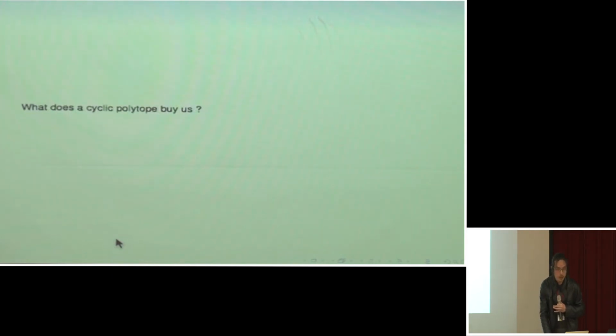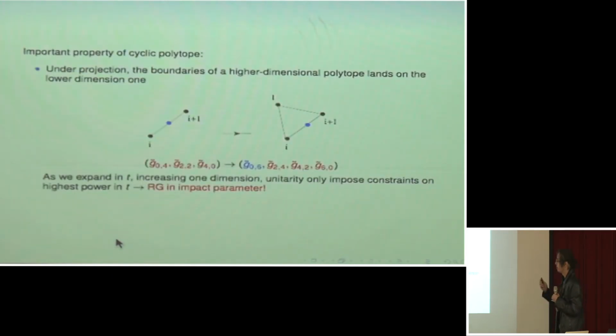So what does the property of cyclic polytope buy us? Well, precisely this property. So imagine that you have this lower dimension, and remember, by going to higher dimension, that means that we're looking at higher dimension operators compared to the previous one, in terms of derivatives. So if you have some theory that has a particular coefficient that lives within the boundaries of the lower dimension polytope, and then you want to consider the extension of this theory to higher dimension derivatives, then I have to consider the full four-component vector here.